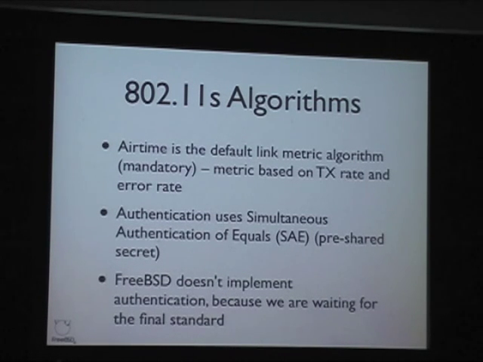The link metric algorithm is used for measuring the link between 2 mesh stations, and we base this information on the transmit rate and the error rate.